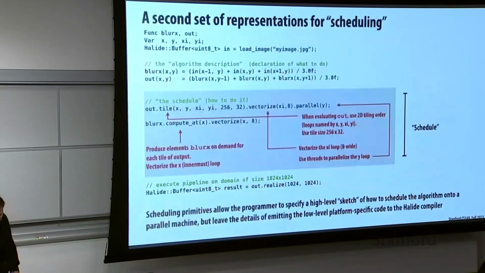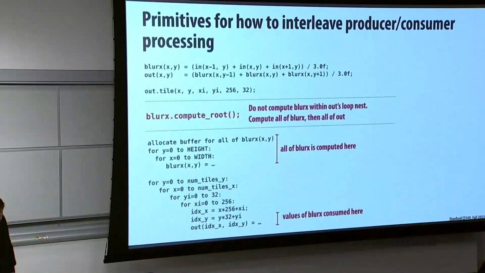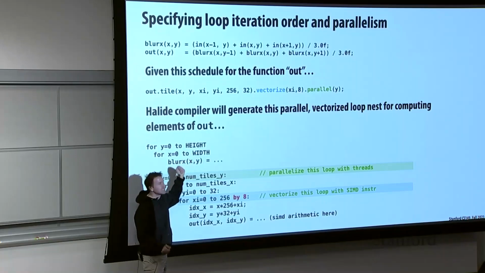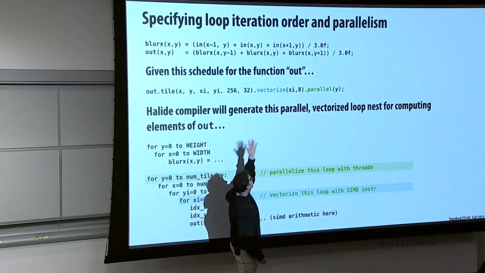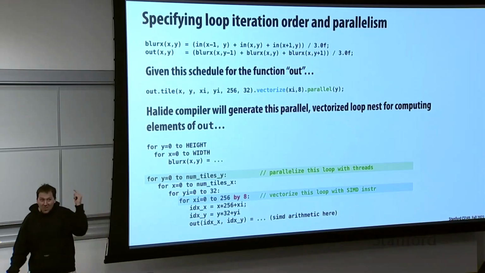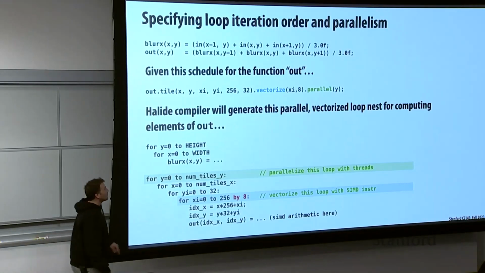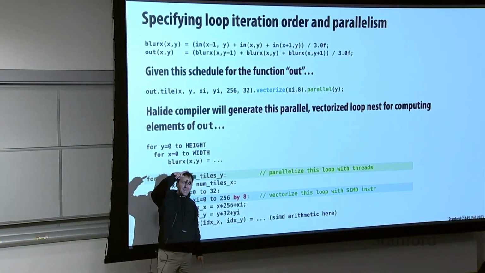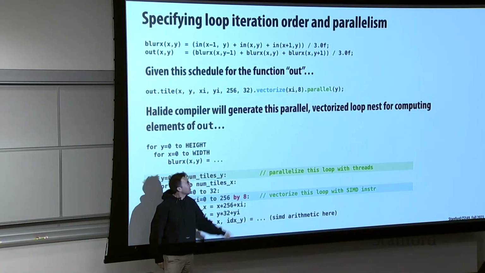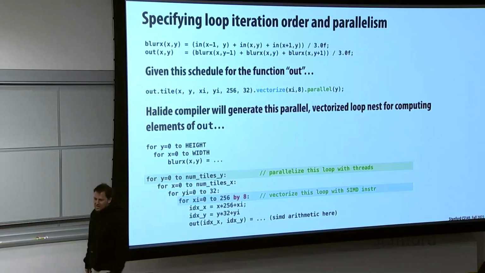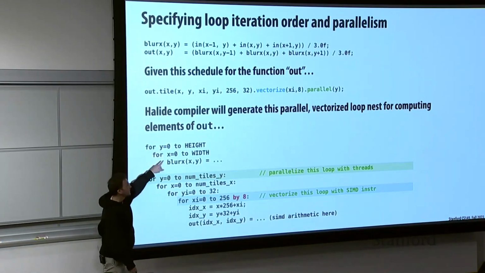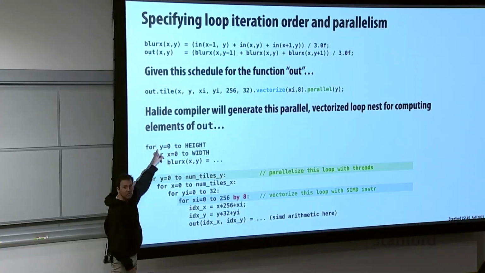Now, once you have that loop nest, out.tile kind of returns the new loop nest, and then I say, oh, please vectorize, when you generate code for the xi loop, I want that to be vectorized. And when you generate code iterating over y's, I don't want it sequential, I want that parallelized over a thread pool. That's what that whole line says. And so the result of that would be some code for the blur x loop that used to be for all x and then all y.